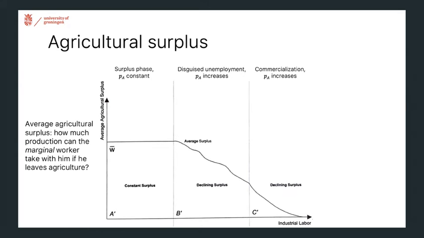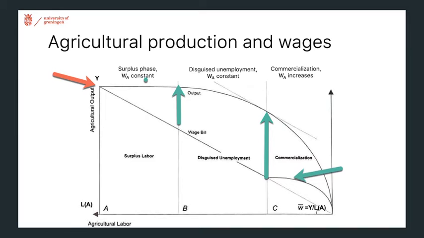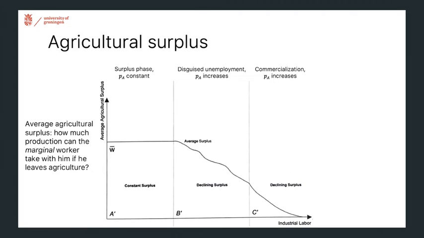Then the second figure, and this is about agricultural surplus. And this surplus, as we saw before, the distance between the production function and the wage bill, is important because that is being taken away by the government out of the agricultural sector.